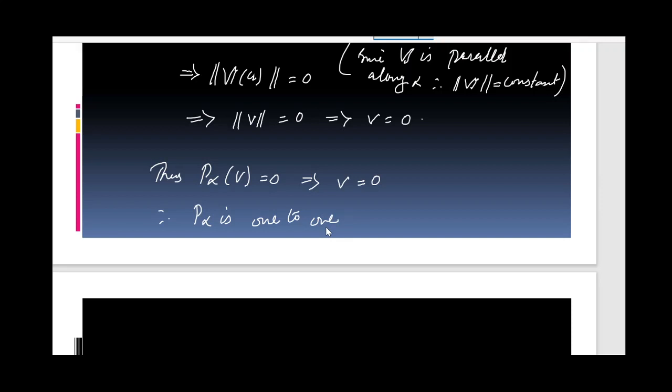So these are n-dimensional vector spaces, so we can easily conclude that it is onto.